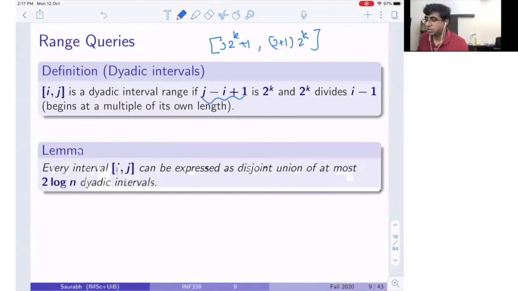So every range is of this nature, right? And what I would like to show is that every continuous interval ij can be expressed as a disjoint union of at most 2 log n dyadic intervals.